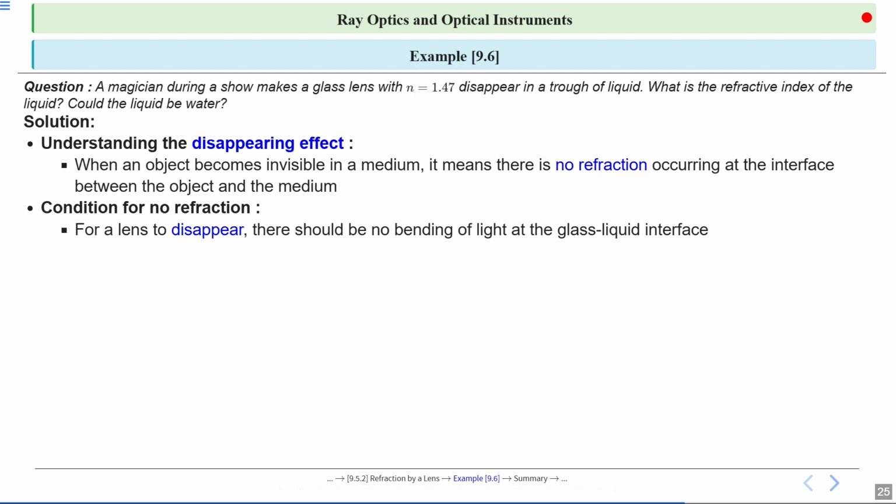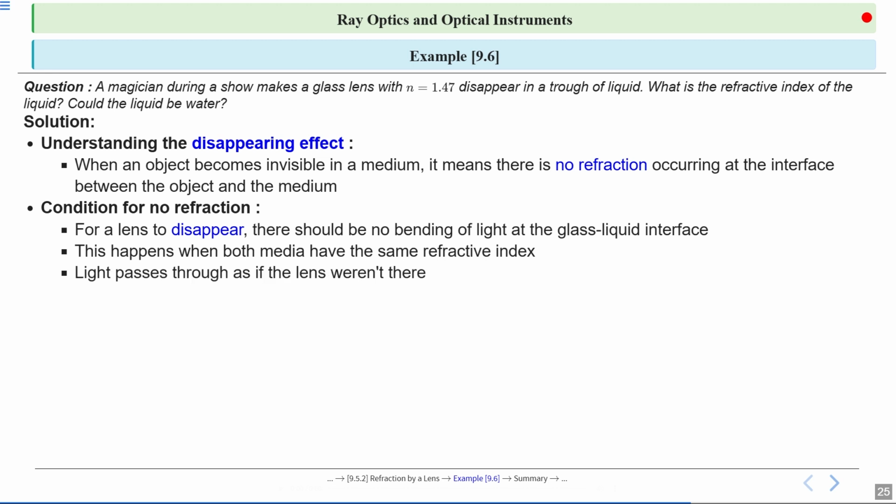So what is that condition? This happens when both media have the same refractive index. If both media have the same refractive index, light will not bend and refraction will not happen, and we cannot detect the interface separating the two media. So light passes through as if the lens were not present.